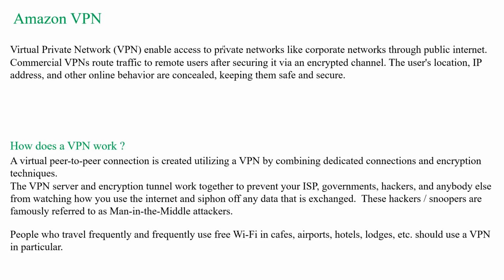People who have worked with corporate companies might have come across this. When you're working from home or off your workplace, you'll be connecting to the VPN network, and then you will be able to connect to your office server, office network, correct? So that is what the VPN is.